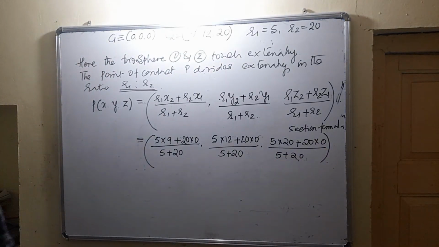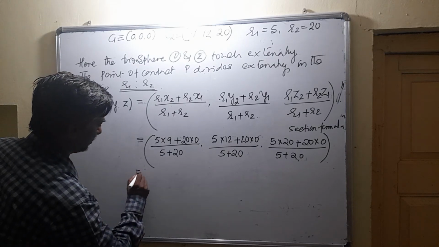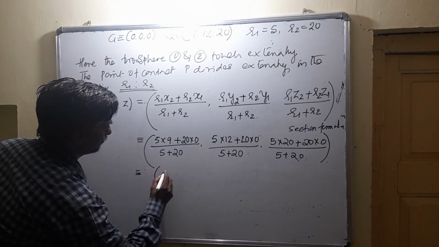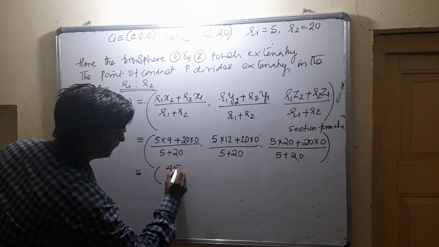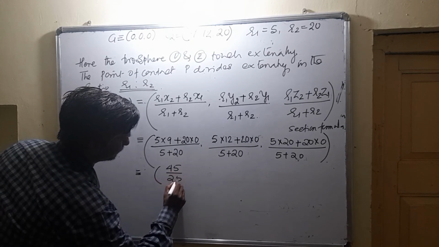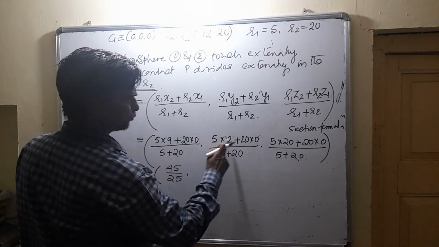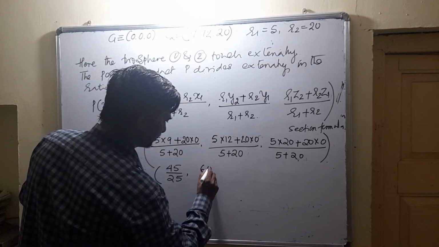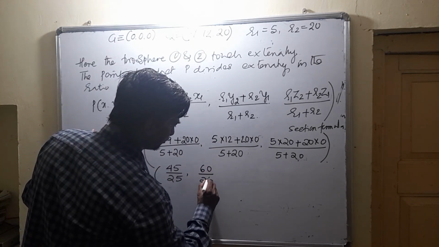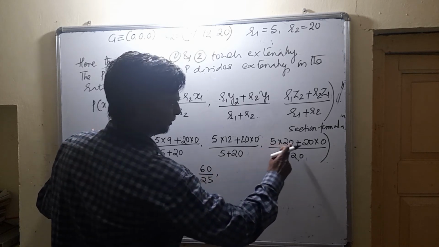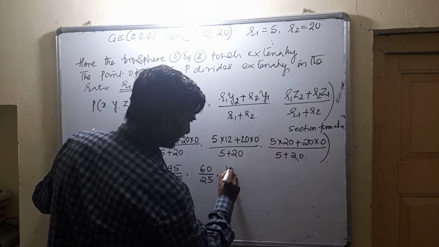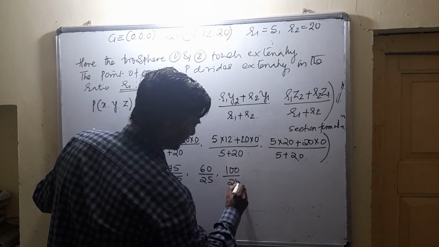Correct? This is equal to 45 divided by 25, 60 divided by 25, 100 divided by 25.